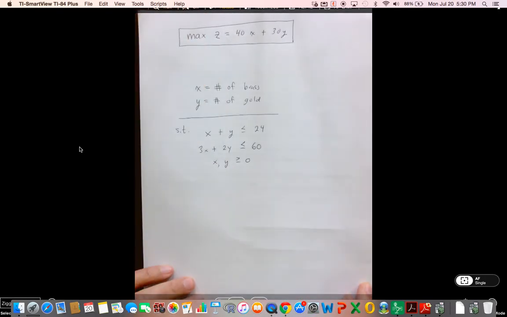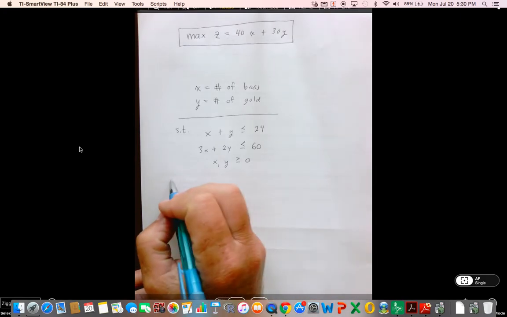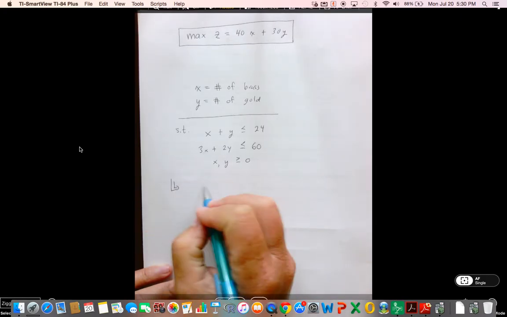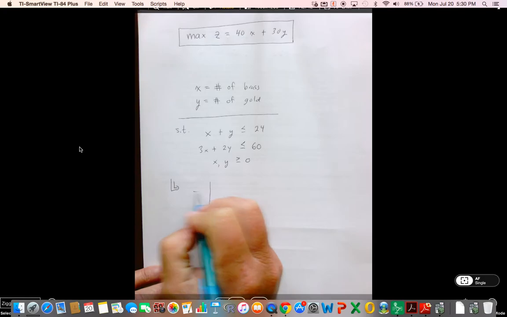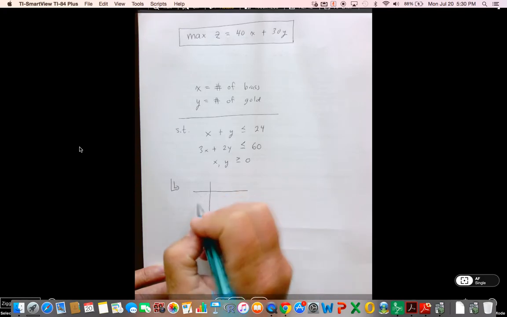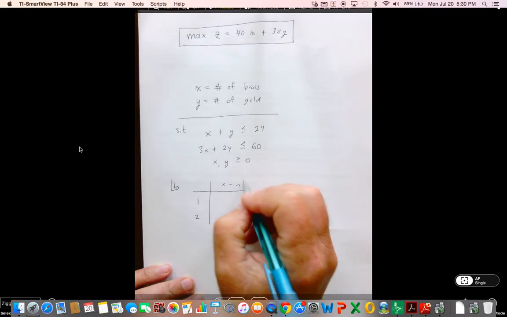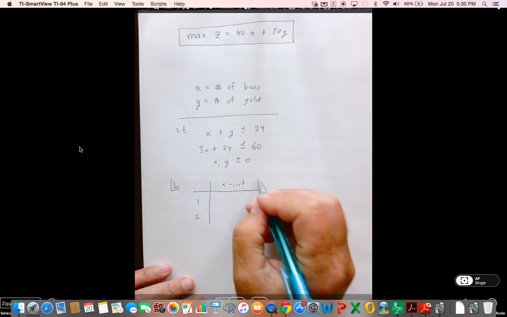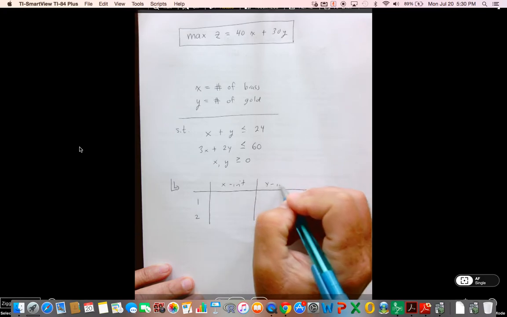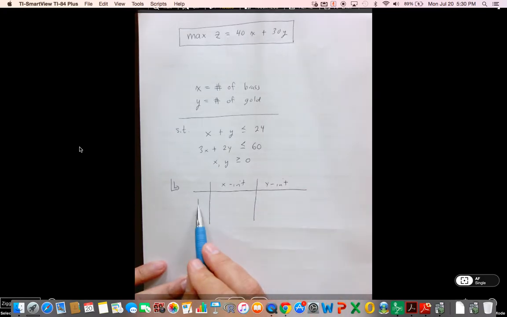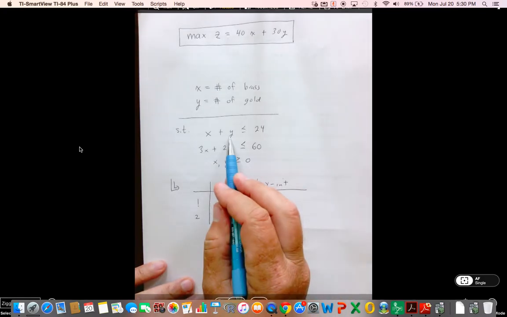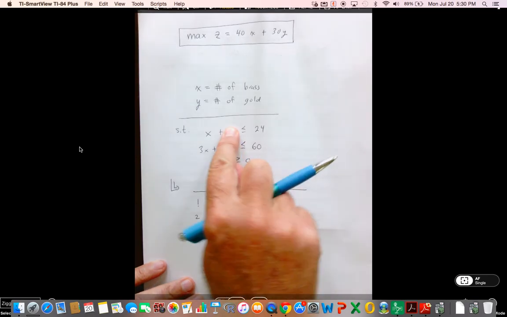So, guys, way back when, how did we solve these things? We've got to get our feasible region, and the first thing we need to do is look at our intercepts. For the first inequality, I can find my x-intercept by covering up my y.